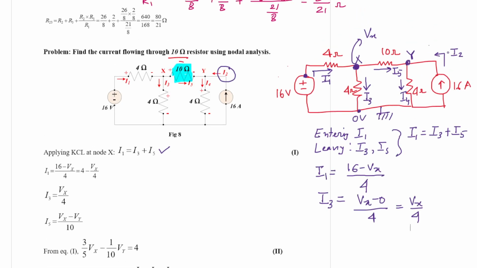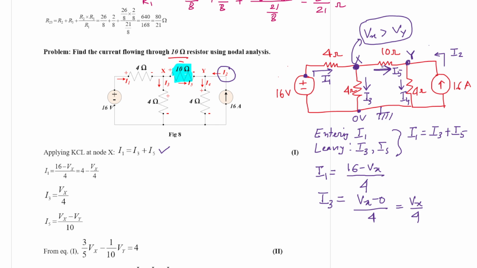And what is I5? Since we have assumed current flowing from X to Y, Vx must be greater than Vy according to our assumption. It could be reverse also, but according to our assumption, since I5 flows from X to Y, Vx must be greater than Vy.